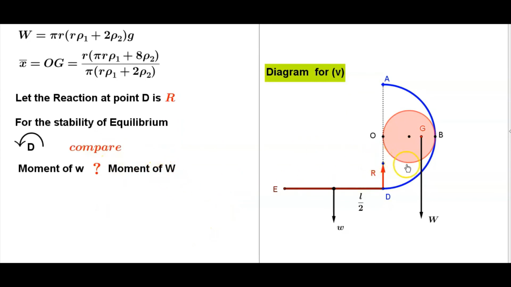For the stable equilibrium, the moment of this w and the moment of this W: greater than or less than? Maybe greater than. For stable equilibrium, when we take moments about point D, the moment of this w might be greater than the moment of capital W. Stable equilibrium, steady equilibrium.